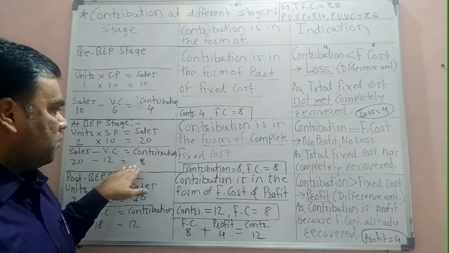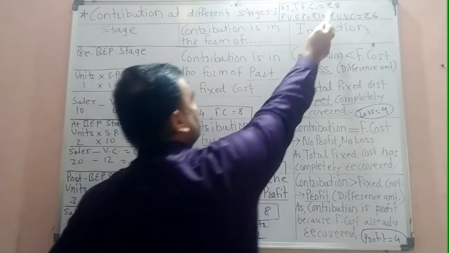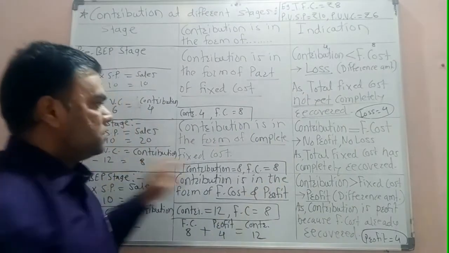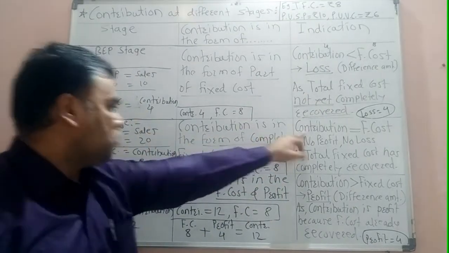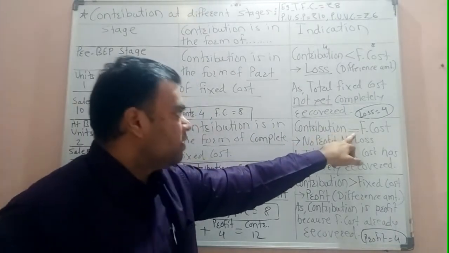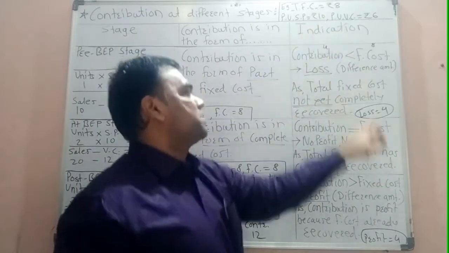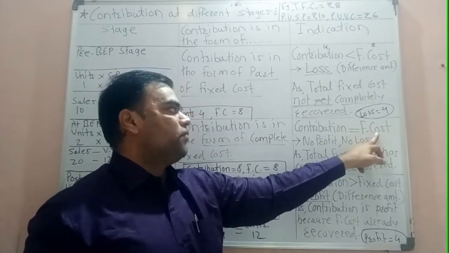So contribution 8 was utilized to recover our total fixed cost ₹8. So what happened at the BEP stage? Our total contribution becomes exactly equal to total fixed cost.